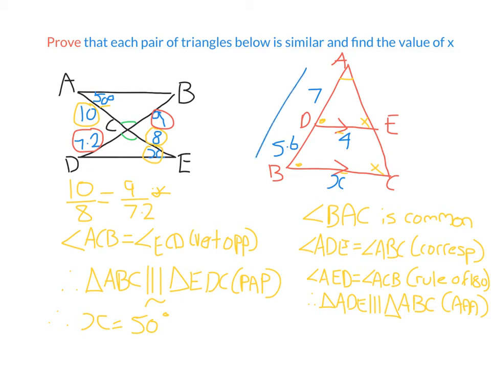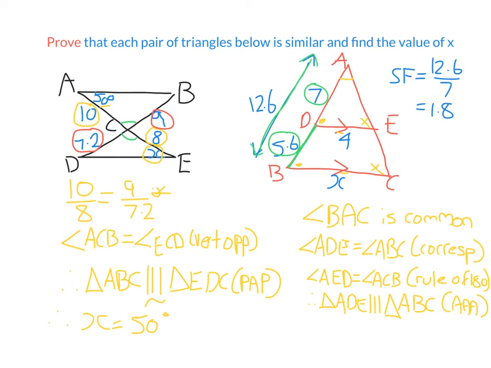This side here is 12.6. So the scale factor is actually 12.6 over 7, or 1.8. Don't be fooled here into thinking it's 7 over 5.6. It's not, because 5.6 is this length here. It's not actually the length in a triangle. You need to actually have the length here that's in a triangle.